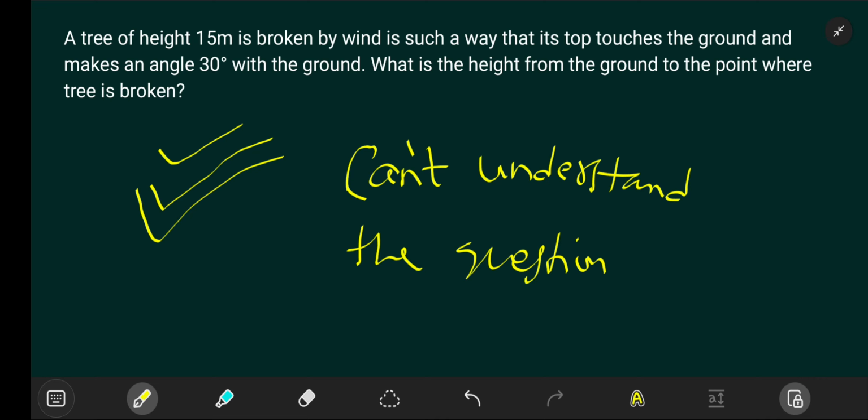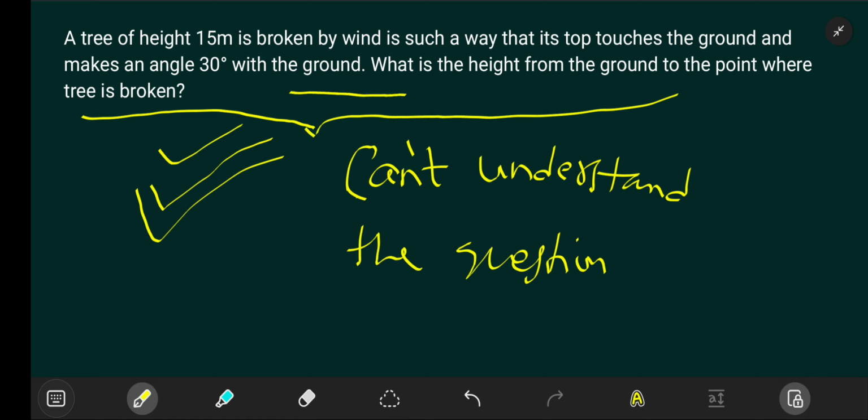After reading also, there is some difficulty faced by the students. After reading also they can't understand the question due to some more English words given in this chapter.